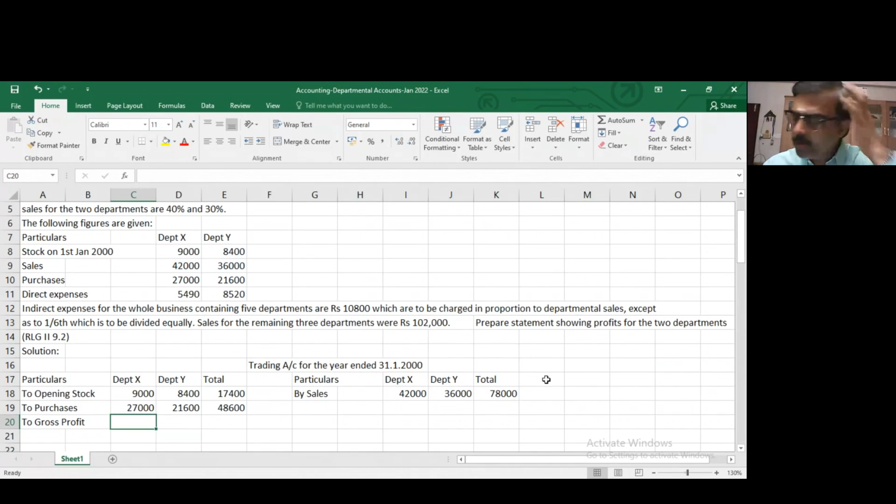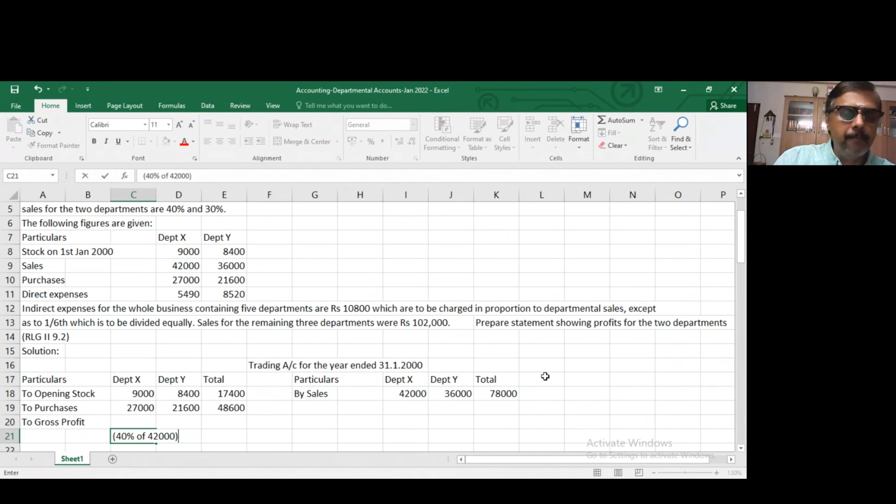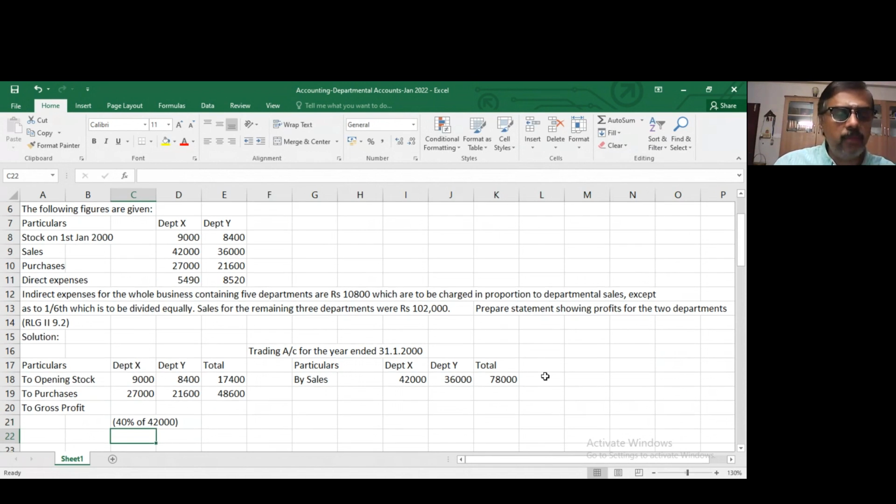So gross profit is 40% for X department. So 40% of 42,000. How much is it? That's the gross profit. It is 16,800. Very good. So this is just for calculation.